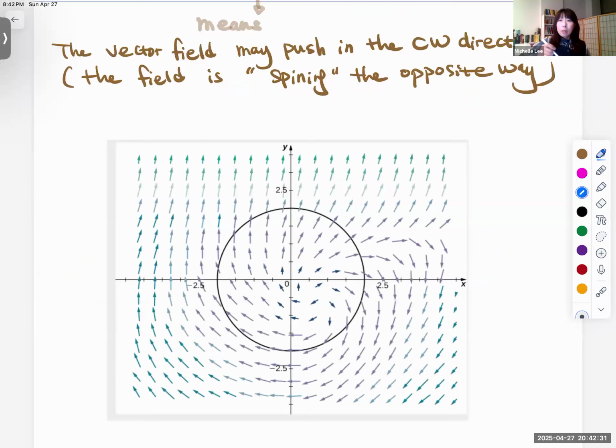Okay, I brought the picture from the textbook so we can see that the spinning goes the clockwise, opposite way, right?